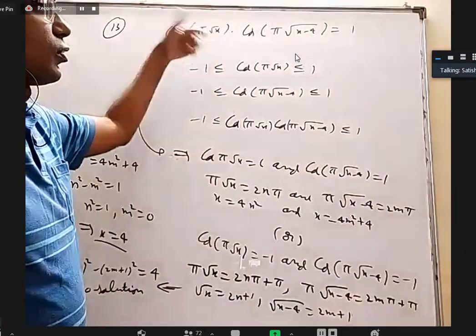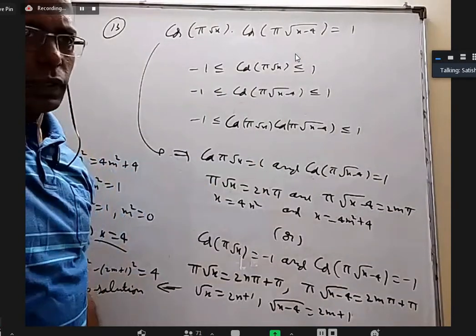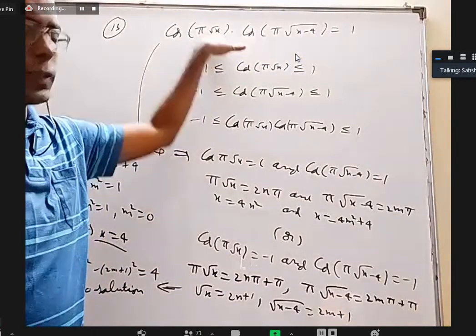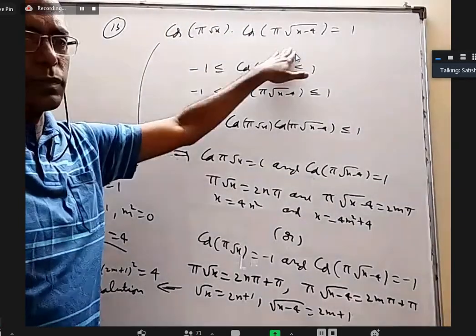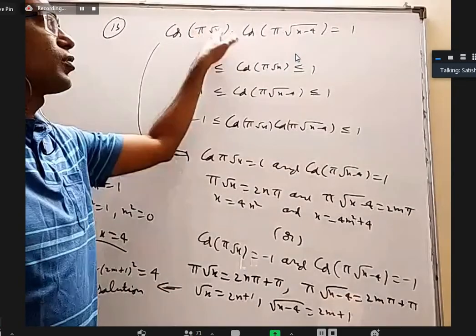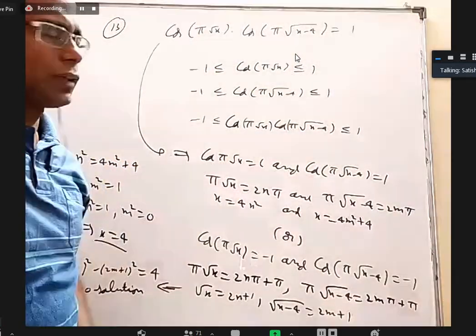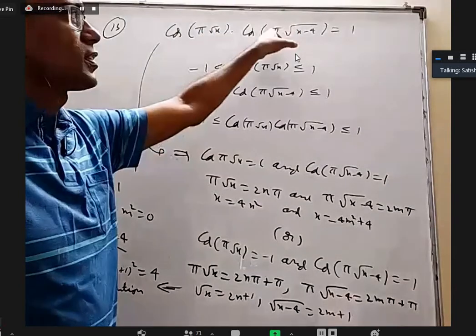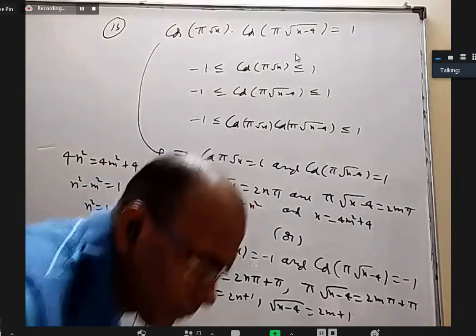If we take x equal to 4, 5, 6, 7, and so on, you will realize that when this is an integer multiple of pi, that is not an integer multiple of pi, or both are not integer multiples of pi. So other than 4, you will never get both as even integer multiples of pi.